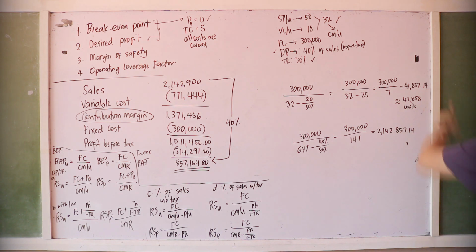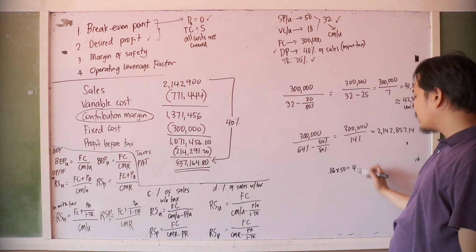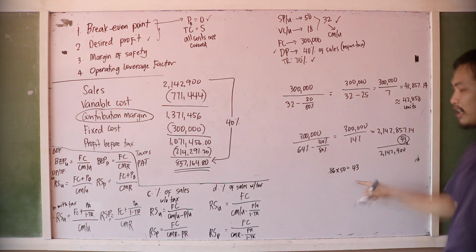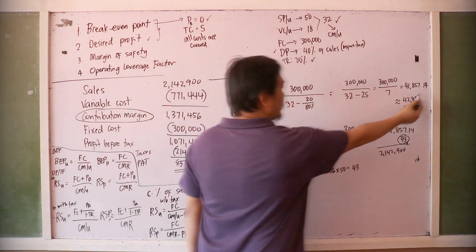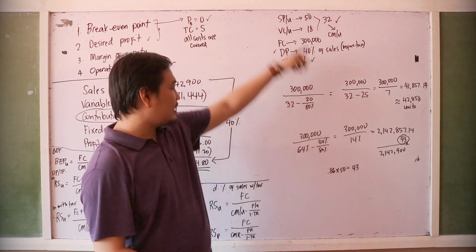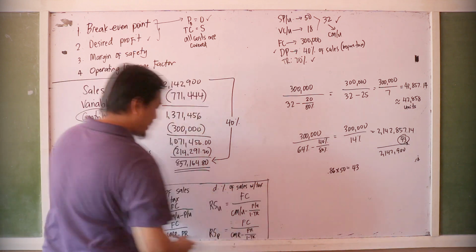That is 0.86 times 50, that would be 43. 2,142,857 plus 43, 2,142,900. Ito yung reconciliation. Saan ba nanggaling yung difference? Because of the difference, i-round off natin siya. Tumaas siya ng 0.86 and ang selling price 50. So 43 yung increase. So we're done with our desired profit.